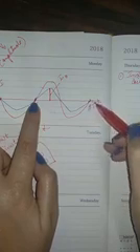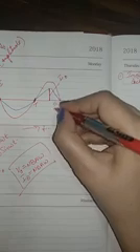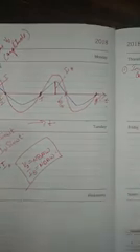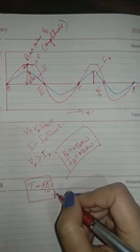Then it has started another cycle from here and completed it over here, so this will be 2T, and this point over here, half of 2T, is 3T by 2. Now the value of time period. How will you find the time period? Time period is equal to 2 pi by omega. This is the formula for time period.